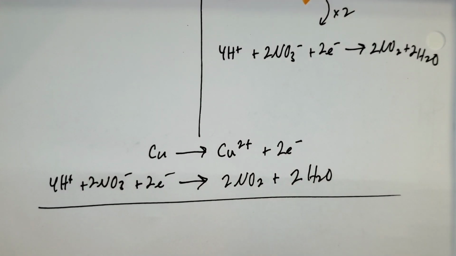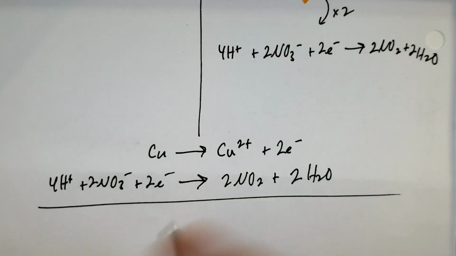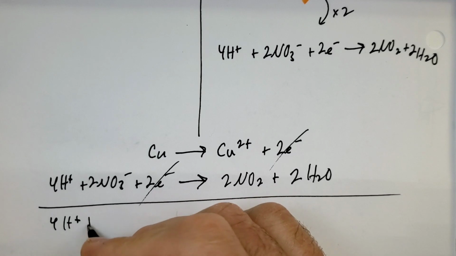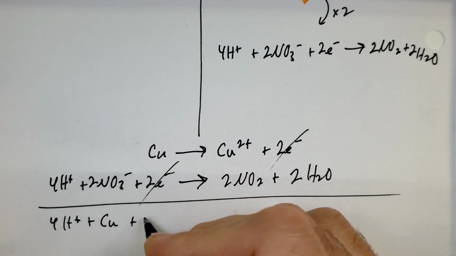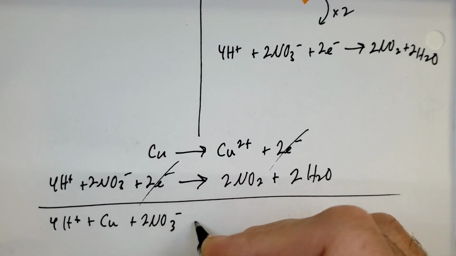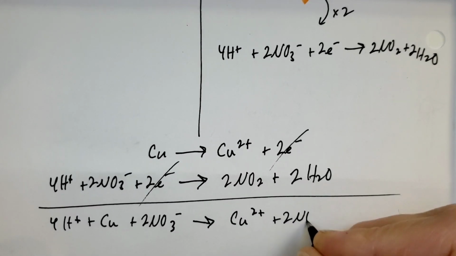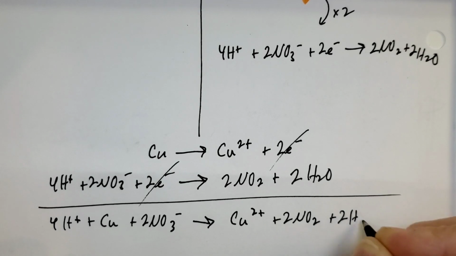And then I can get rid of like items on both sides, so I get rid of that. So that will result in this. So write down all the remaining species on each side. And I should see that everything works.